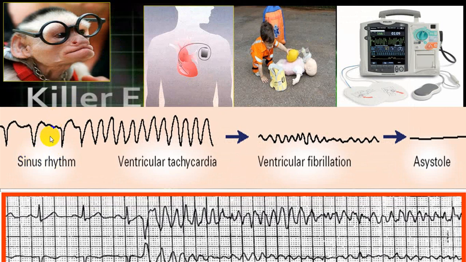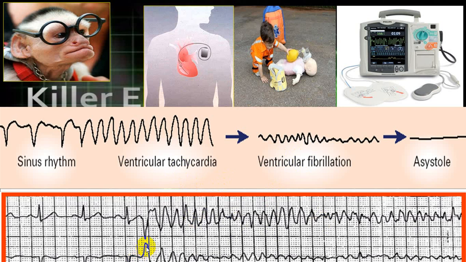Normal sinus rhythm is okay, but if you get a ventricular tachycardia or ventricular fibrillation or there is an asystole, these are lethal, or we call them killer ECG. So sinus rhythm can be followed by polymorphic ventricular tachycardia, or ventricular tachycardia is followed by ventricular fibrillation.